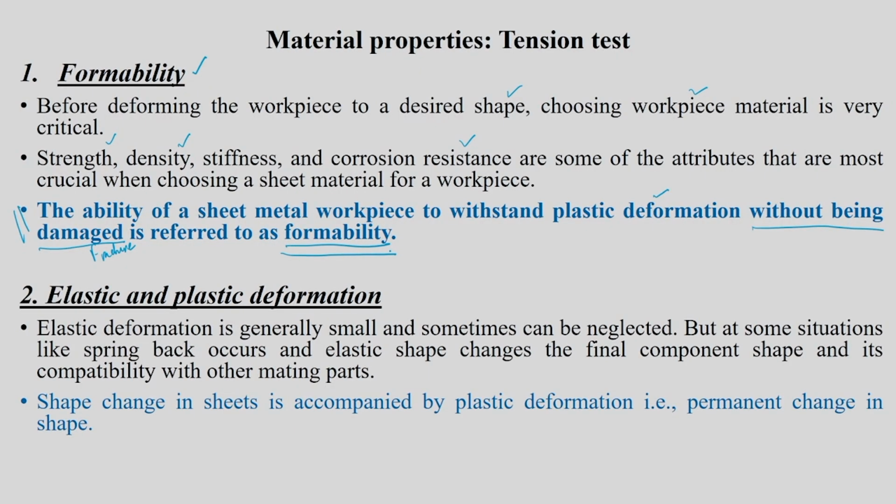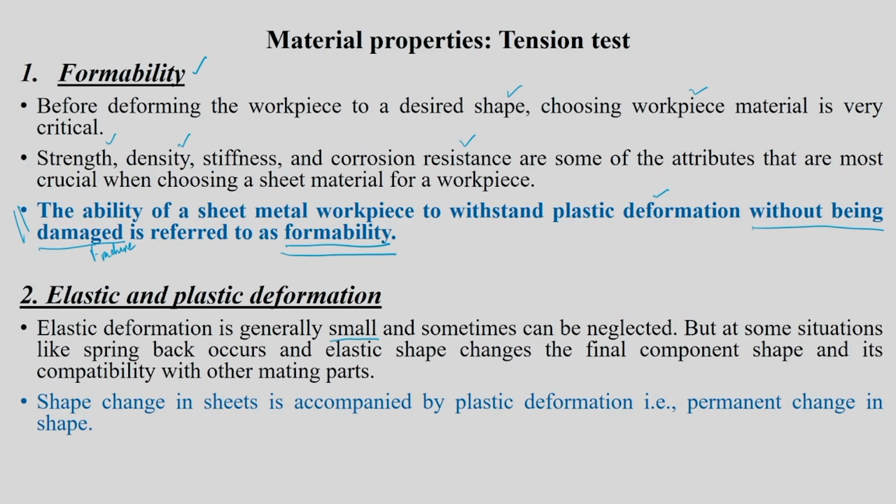And in this context, the meaning of elastic and plastic deformation. So we will not discuss much on elastic deformation. I think you might have studied this in solid mechanics. Elastic deformation is generally small. So whenever you do tension test, first of all it has to cross elastic deformation, then you enter into the plasticity part. This elastic deformation is generally small and sometimes can be neglected.